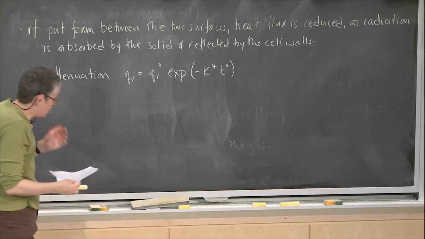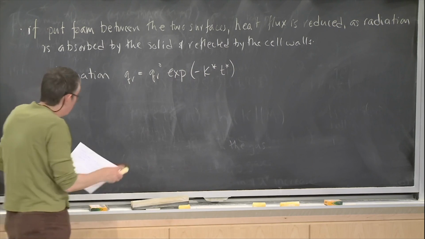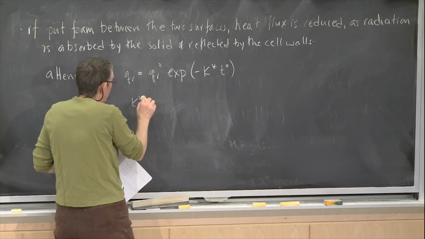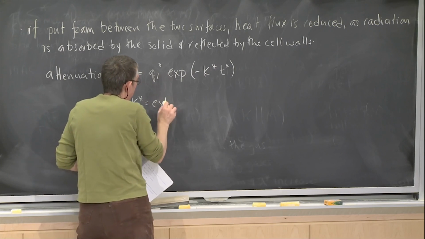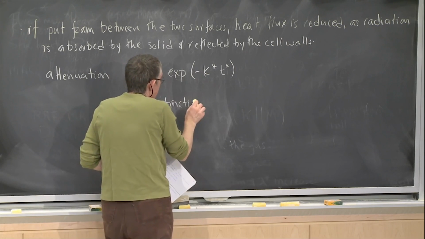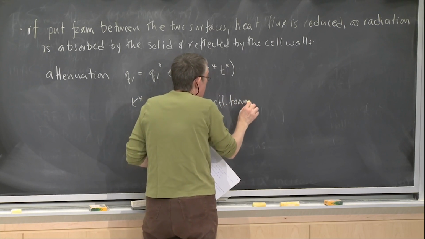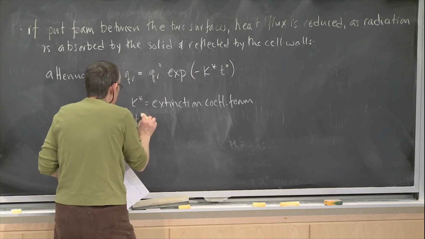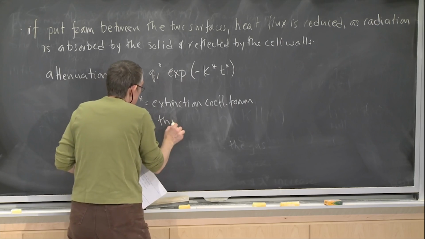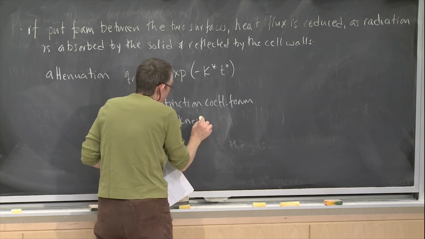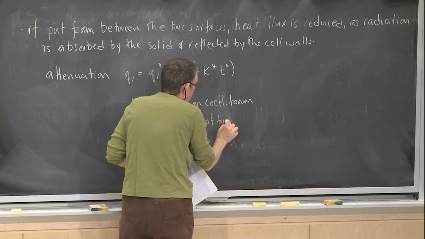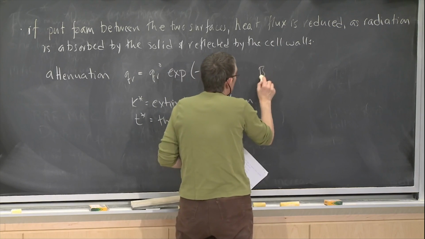And here K star is an extinction coefficient for the foam. And I'll talk a little bit more about that in a minute. And T star is just the thickness of the foam. And then this thing is called Beer's law.